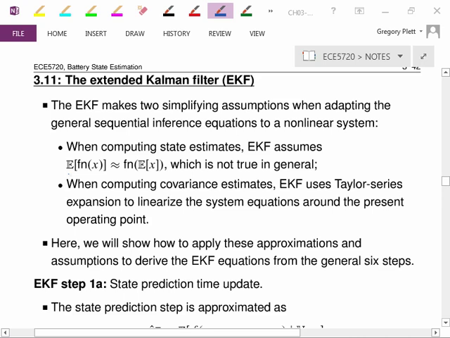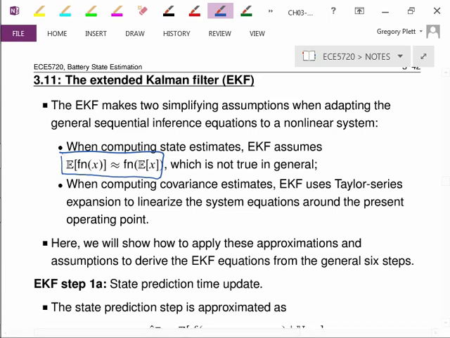The extended Kalman filter at those points assumes that we can approximate the expected value of some nonlinear function of x, the state, by reversing those operations and computing the function of the expected value of that state.